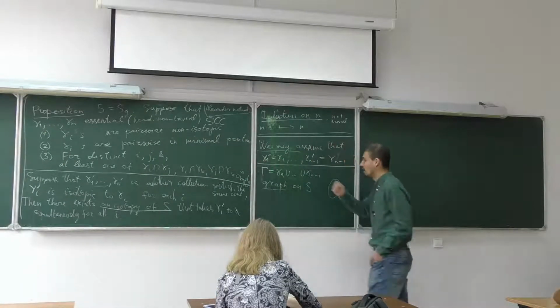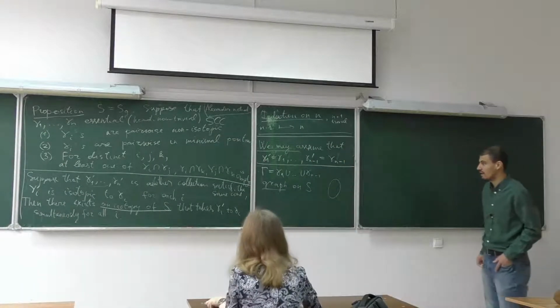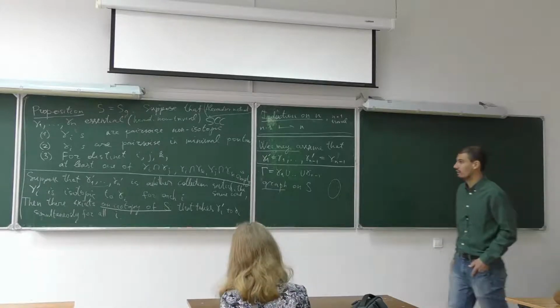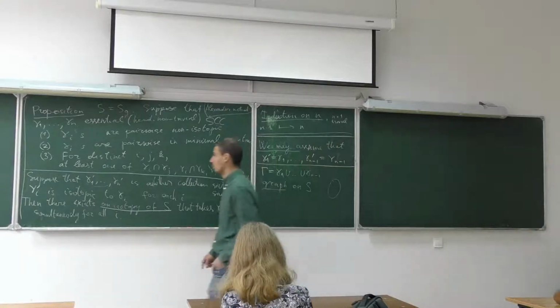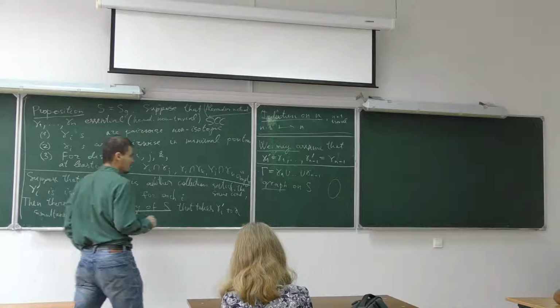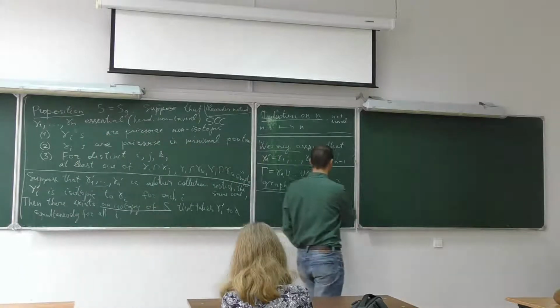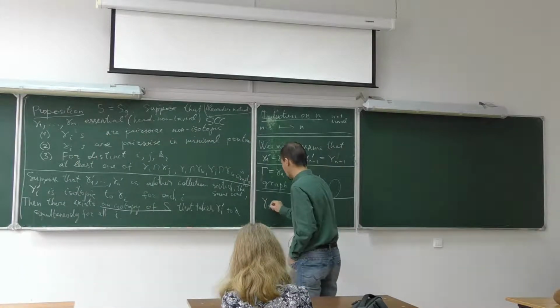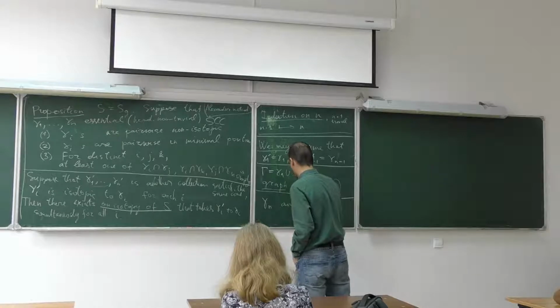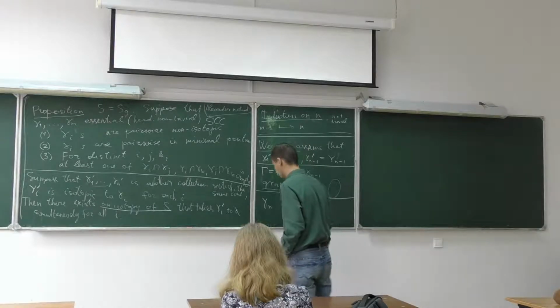Okay, so we have this graph, and we have curves gamma n and gamma n prime.